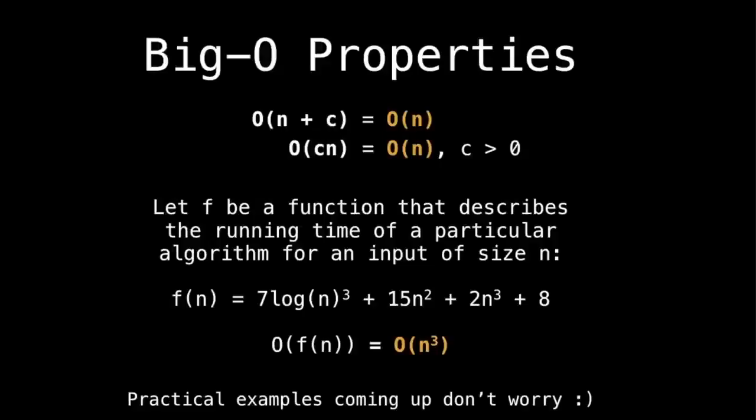If f of n is 7 log of n cubed plus 15n squared plus 2n cubed plus 8, well, big O of f of n is just n cubed, because n cubed is the biggest, most dominant term in this function.